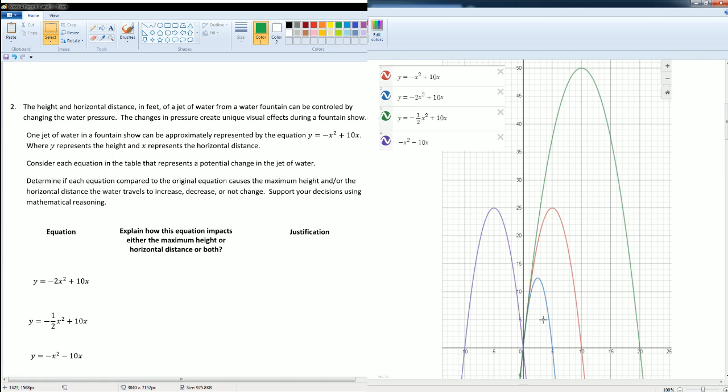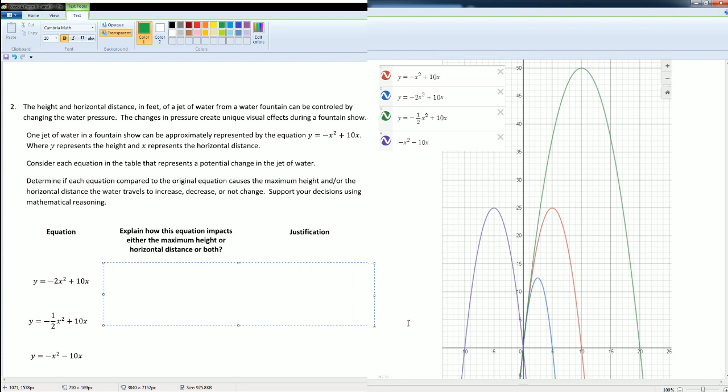Well, it got smaller in size. The original was in red, and so it got smaller, so basically shrunk. So the maximum height shrunk, the horizontal distance decreased. So you can write that if you would like. So this was in blue, right?